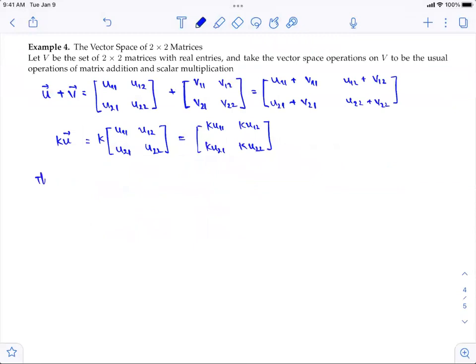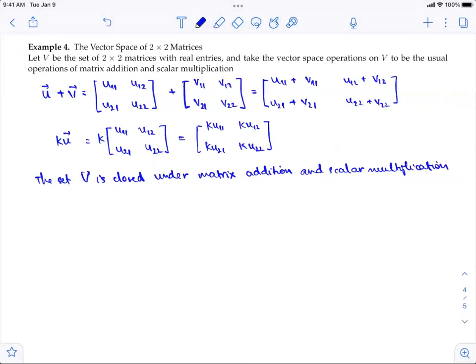So we conclude that the set V is closed under matrix addition and scalar multiplication, because the resulting matrices are 2 by 2.